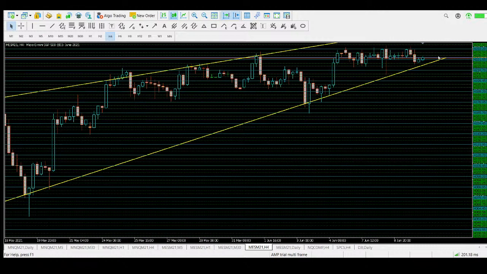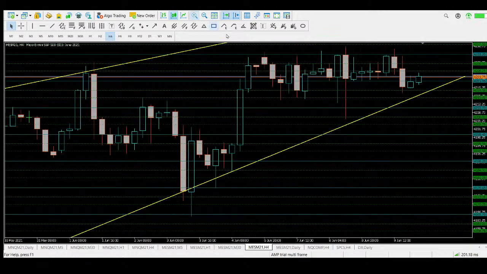But keeping an eye on this trend line here and this major support. At the moment on the 4-hour chart, it's trying to hold around 4,222. The next estimated level is around 4,210.